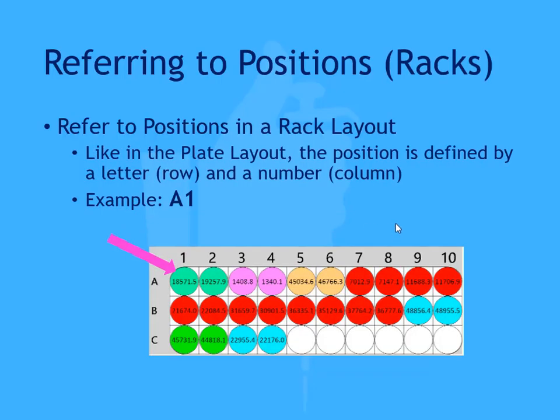If your assay uses a rack layout, you can use the same syntax to refer to a tube position. Each rack is denoted using a letter, showing the row, and each tube position is designated by a number for the column, similar to a microplate layout. For example, A1 would refer to the first tube in the first rack, while B3 would refer to the third tube in the second rack.